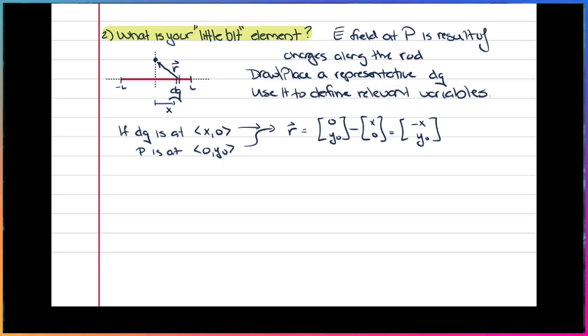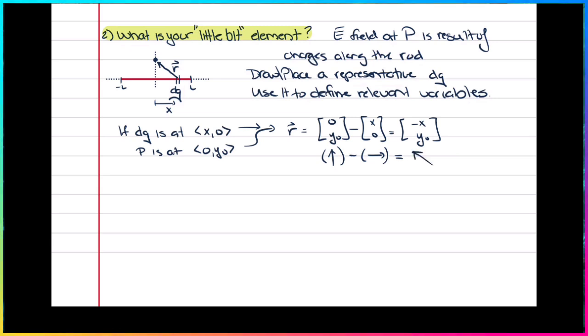And of course, we should then ask, does this make sense? 0 comma y, that's a vector that points up. Then I'm subtracting from it x comma 0, so I'm subtracting from it the vector that points to the right. So then that flips the arrow, and so then that looks like it equals an arrow that points left and up.